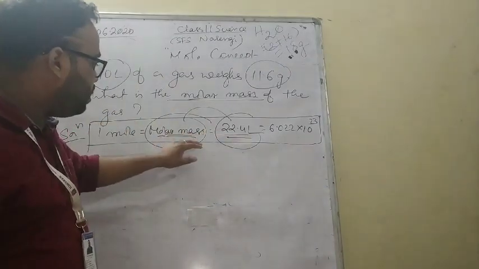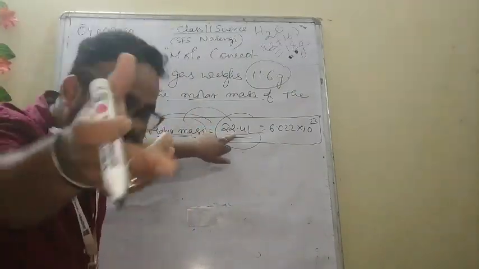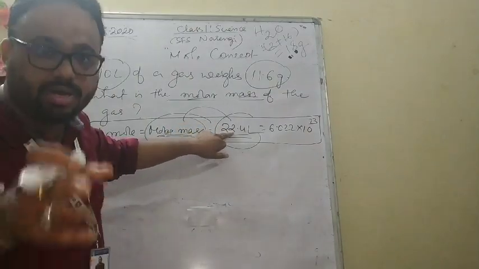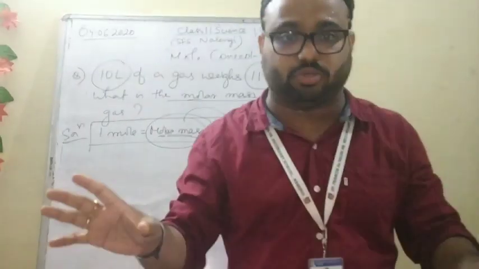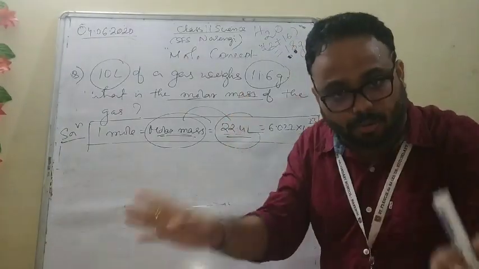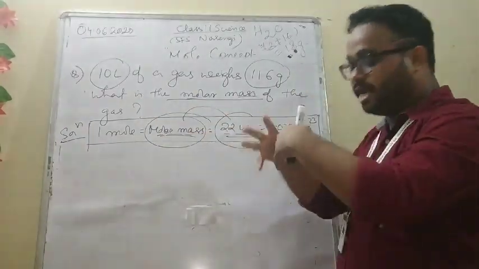Means whatever mass of the compound is at 22.4 liter, that is the molar mass. 22.4 liter में उस सब्सटेंस का जो भी मास होगा वही मोलर मास होगा. Did you understand? Fix. मतलब these 4 are related.